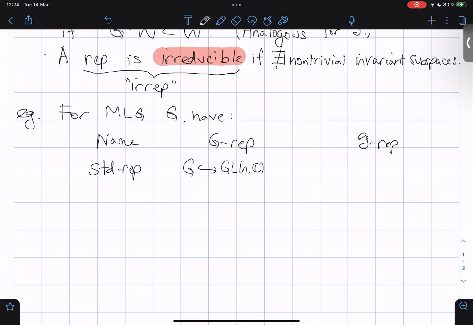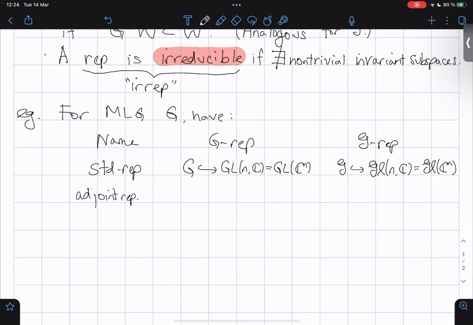You can do it over R as well if it's a real Lie group. So this is GL of C^n. And similarly, the Lie algebra g is also a matrix Lie algebra already, so you have an inclusion into gl, the endomorphisms on C^n.